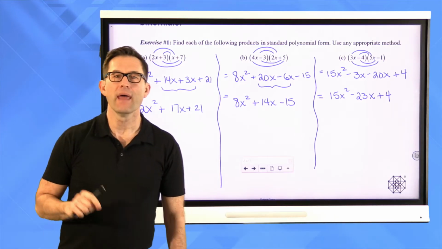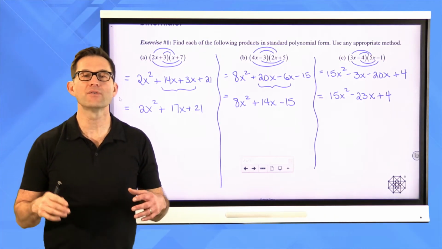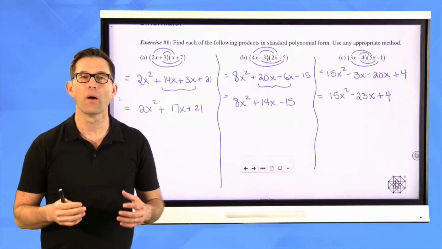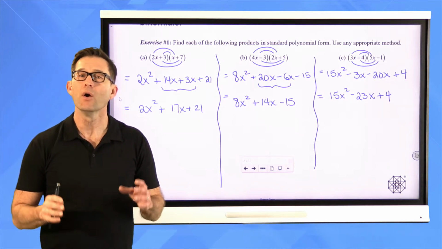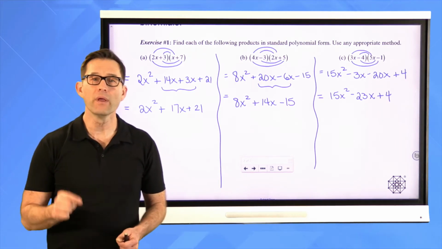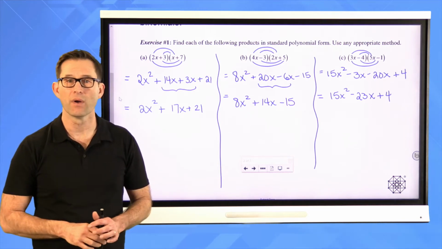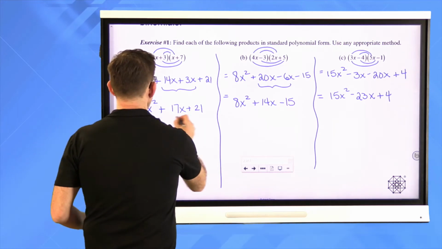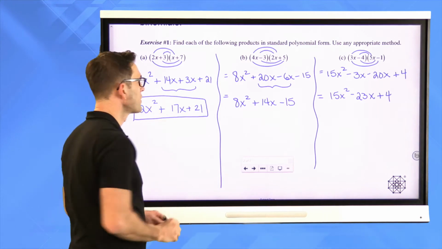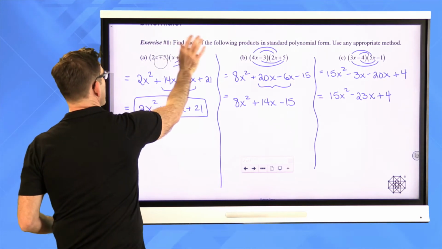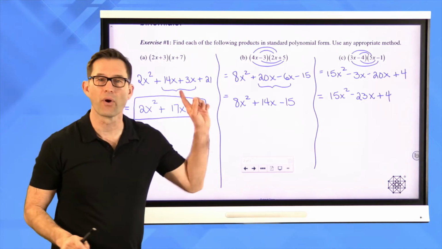Now, before we move on, I want to point out something very important about multiplying two binomials that we've pointed out before, but I really need you to understand it. Take a look at this final answer compared to the original product.